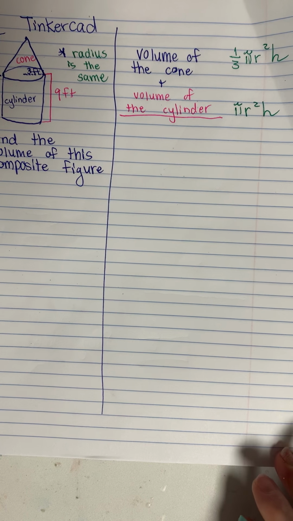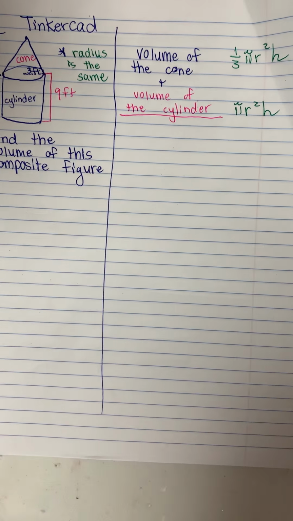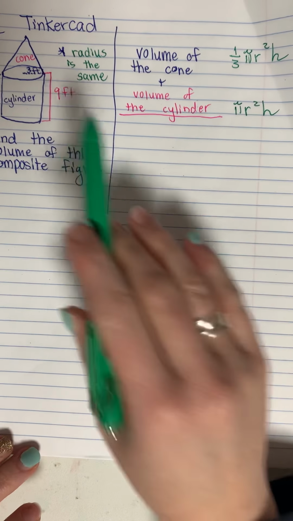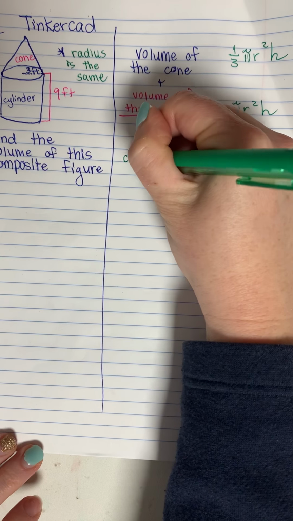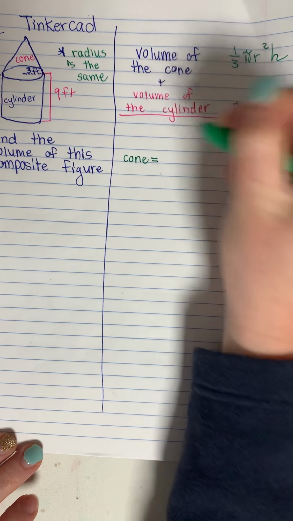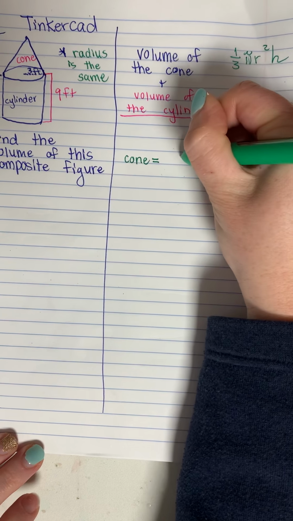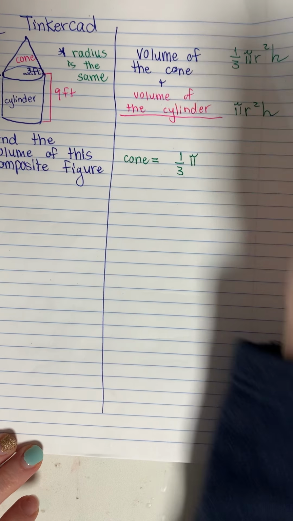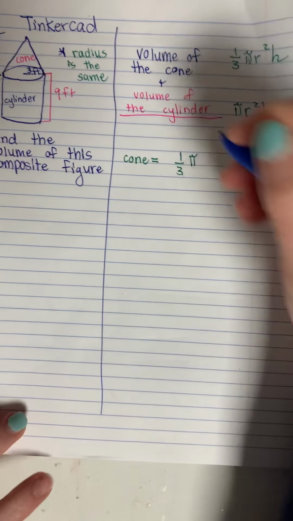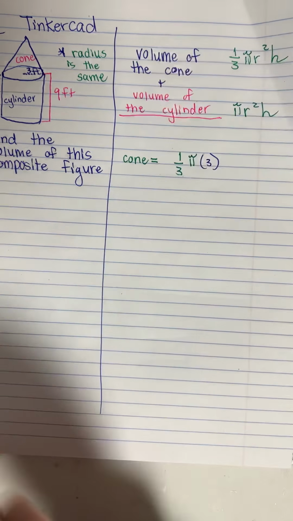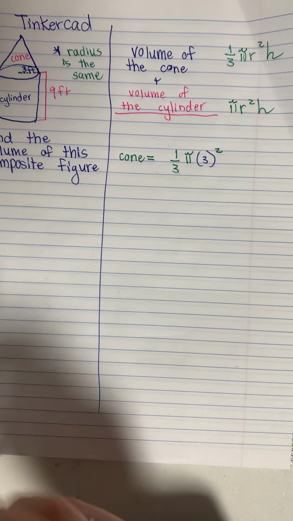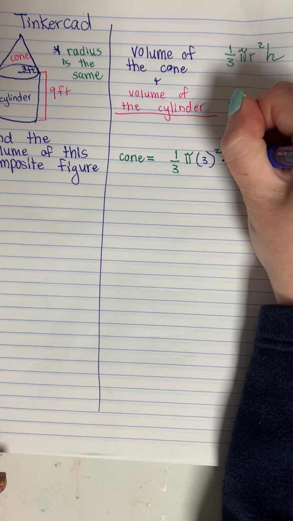So let's go ahead and do the math. You're going to need a calculator for this. Volume of the cone. Remember, 1/3 is like dividing by 3. Pi times our radius, which is 3, squared times our height of the cone, which is 5.